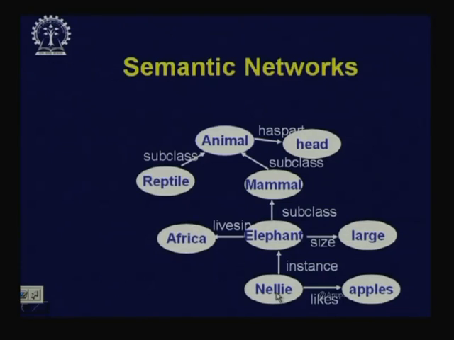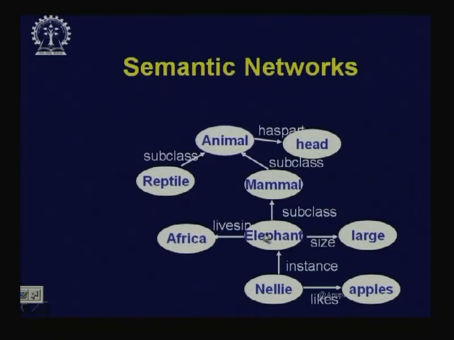Now, if the question was asked as, does Nelly have a head? Then let us see how you do it. We would start from Nelly. Nelly is an instance of an elephant. Here we do not find any answer, because whether it has a head or not, there is no relationship called has part.